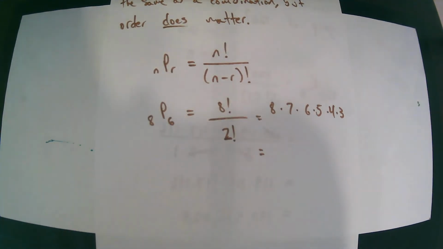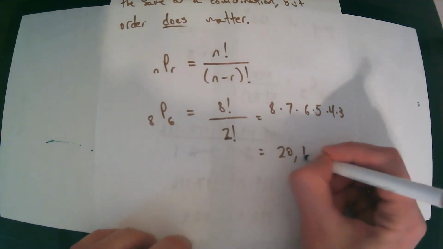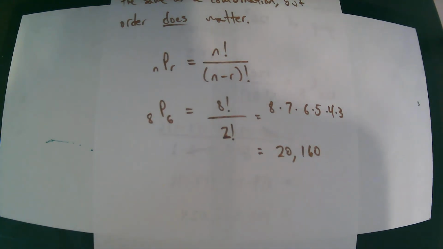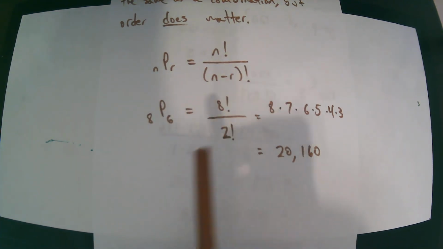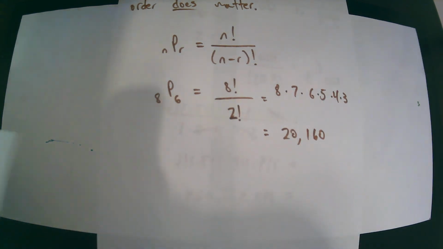And what is that going to give us? You should have buttons on your calculator for this, by the way. I'm using a desktop calculator, and I don't think it does. So I'm having to do these by hand. Probably would have been easier to just do 8 factorial and then divide it by 2, but anyways, that's how the calculation works. So let's do an example of when this is useful.